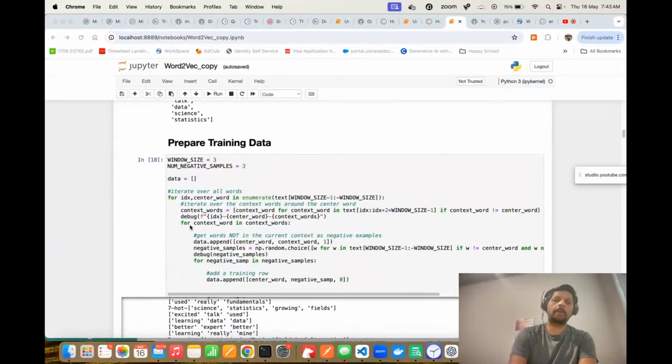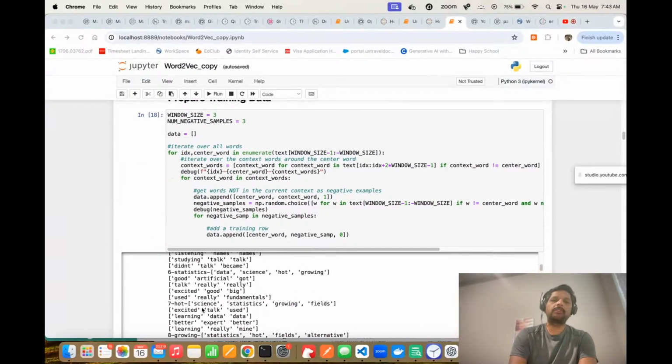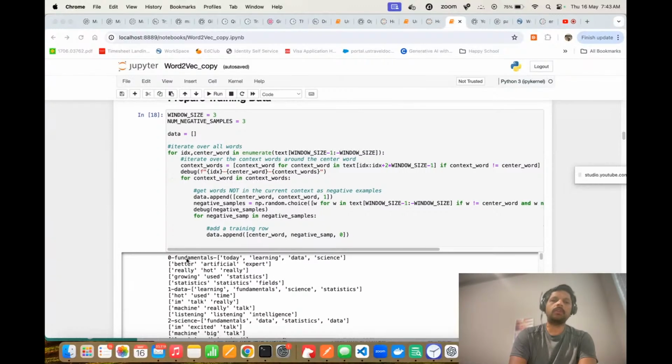Now, negative words are random words within the sample. For example, fundamentals, today, learning, data, science are context words as we have seen. For each word that we pick up in context, he is picking up 3 words in negative sampling, which are not in context. For today, he picked up better, artificial, expert, which is not part of the context.